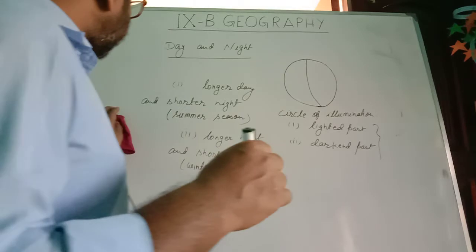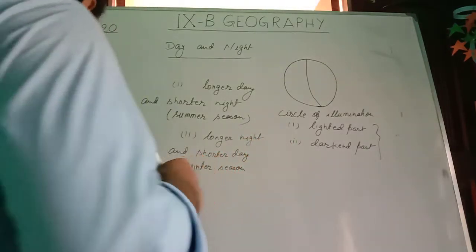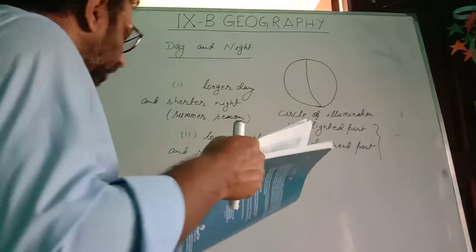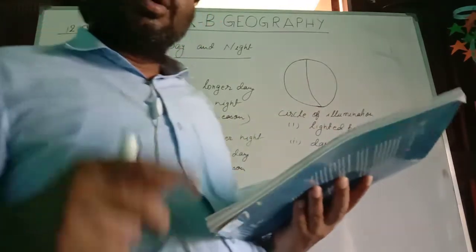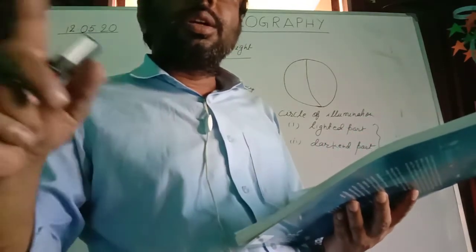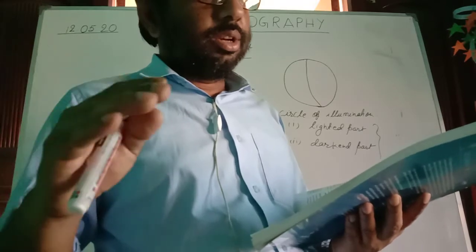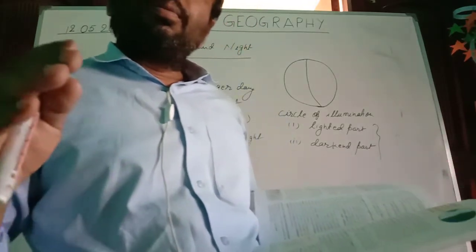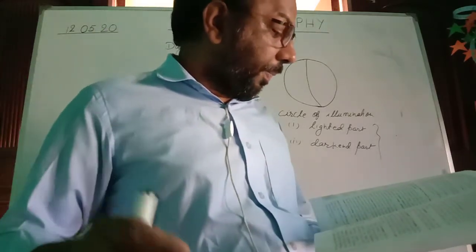So we say the duration of day and night depends on the position of the earth regarding the sun.